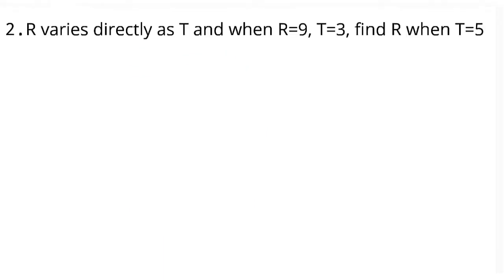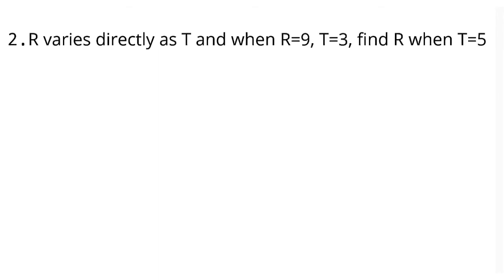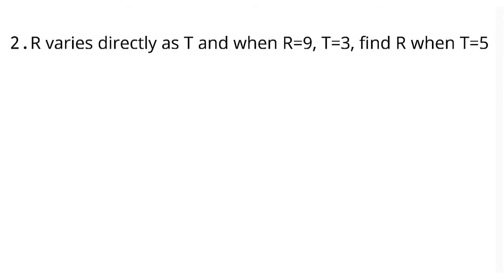Example number 2. Number 2 is saying that r varies directly as t, and when r equals 9, t equals 3. Find r when t equals 5.